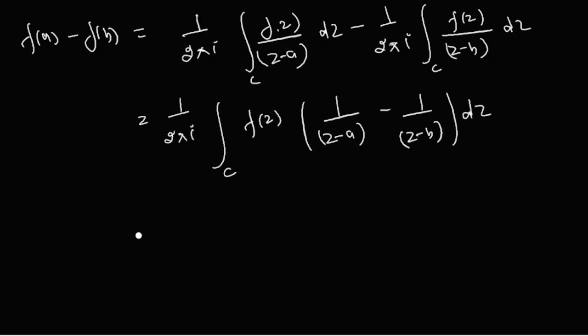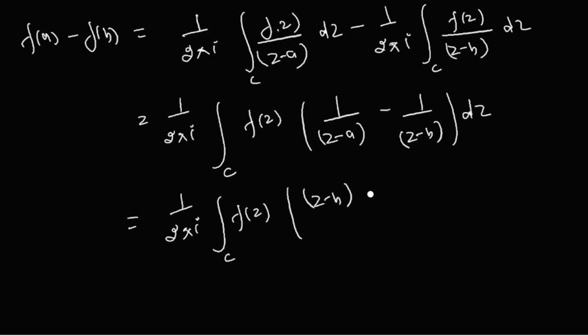Okay guys, which is equal to 1 upon 2 pi i integration over the curve C f of z, cross multiplication, (z minus b) minus (z minus a) upon (z minus a)(z minus b) dz.